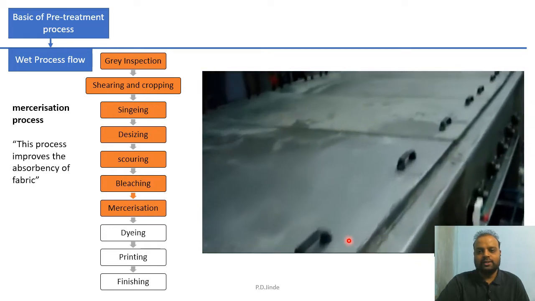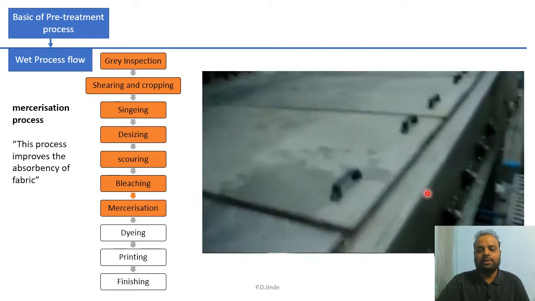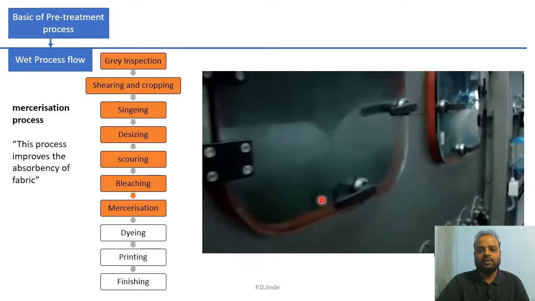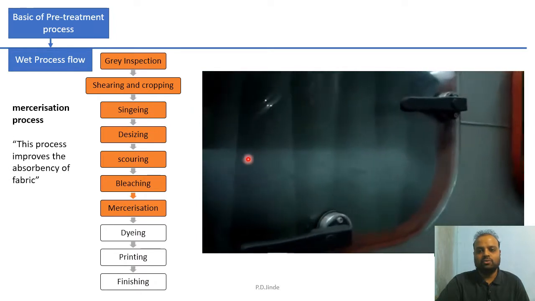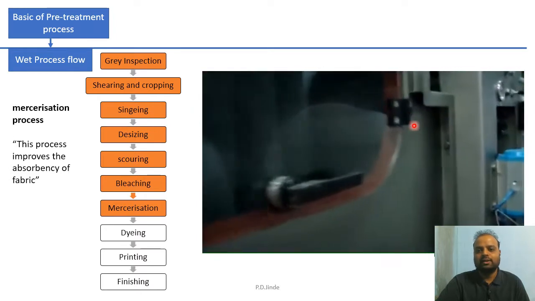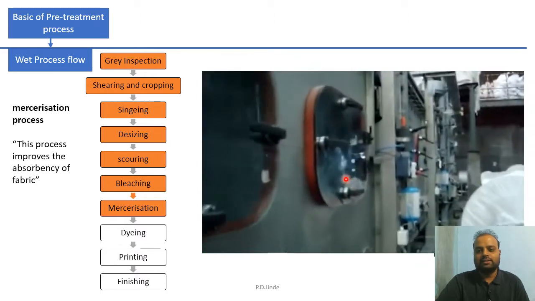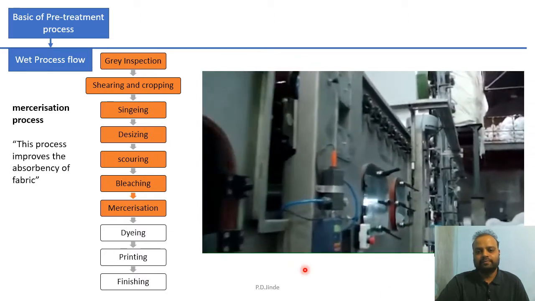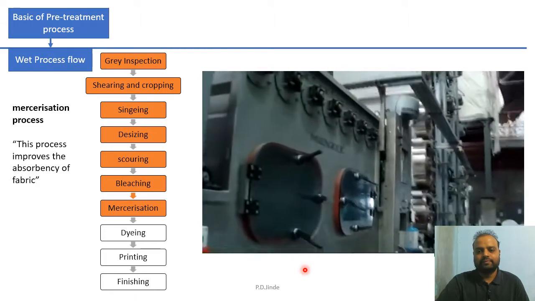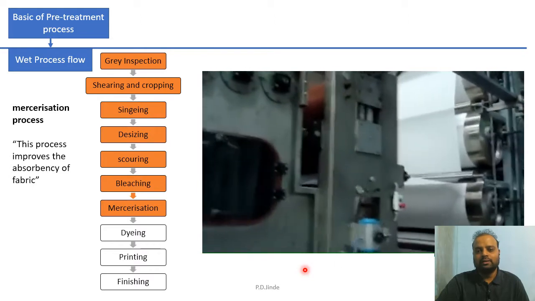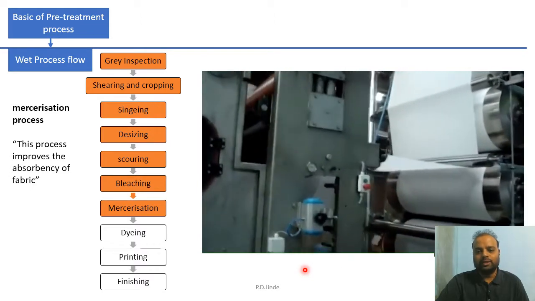Here fabric receives the temperature, simultaneously it gets stretched. You can see over here there are drums over which the fabric passes. These drums are hot, kept at 45 degrees Celsius. Here the dwell period is about 1 to 2 minutes.